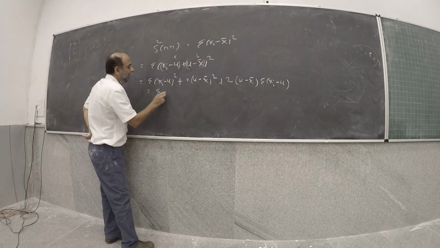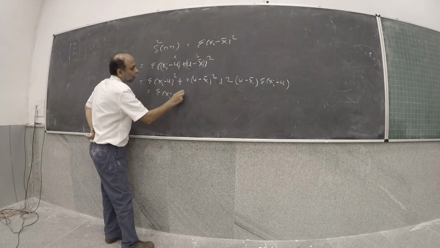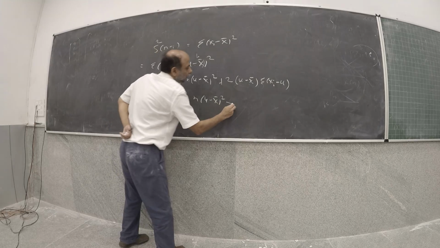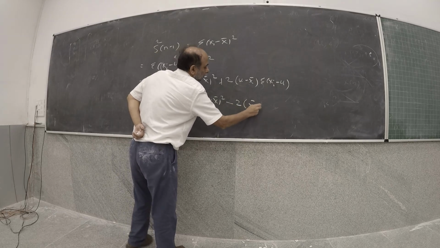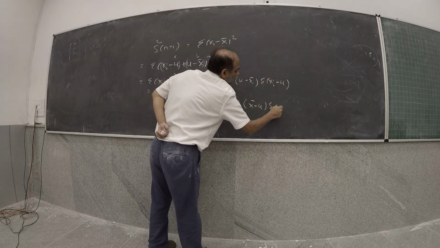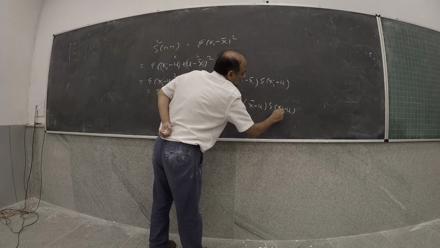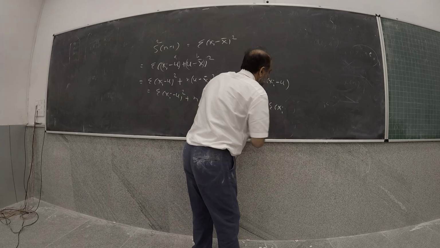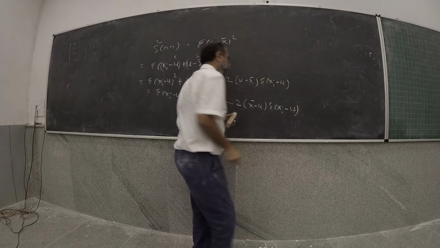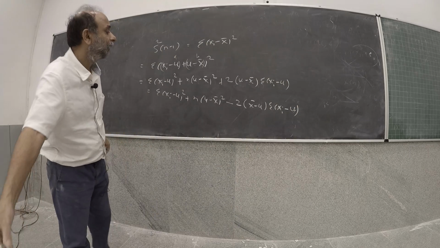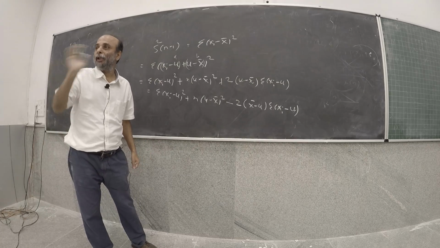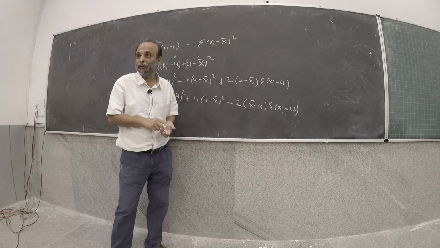This can be written as summation xi minus mu. How did I write this? Interchange the sign. Instead of mu minus x bar, I wrote x bar minus mu, so this became minus.